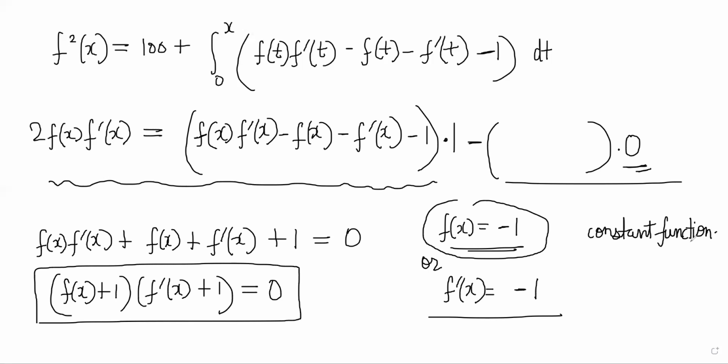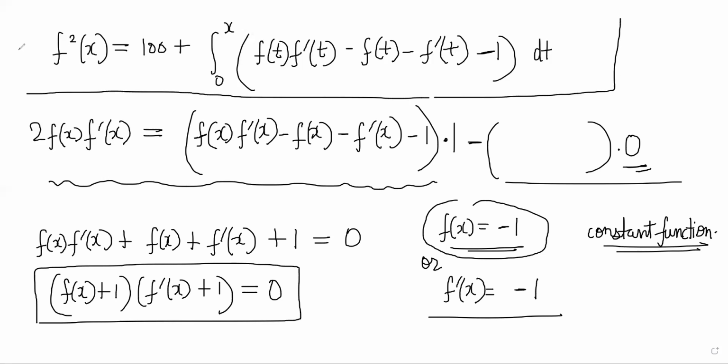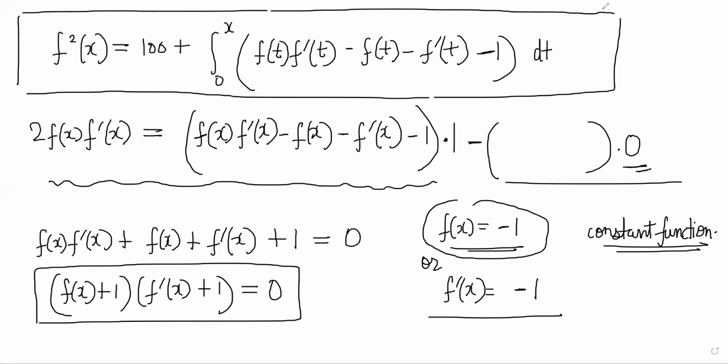But is that constant function situation correct? You have to again figure out from here, is f of x always -1? Is that correct? So can you find out one value of f from this equation? Like one easy value of f of x? Because if you get even one value, if that value is not matching to -1, then this is wrong.